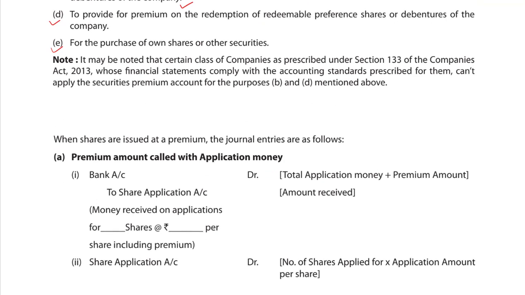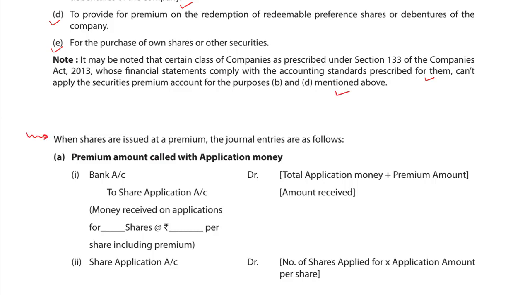Note, it may be noted over here that certain class of companies as prescribed under Section 133 of the Companies Act 2013, whose financial statements comply with accounting standards prescribed for them, can't apply the securities premium account for the purposes B and D mentioned above.